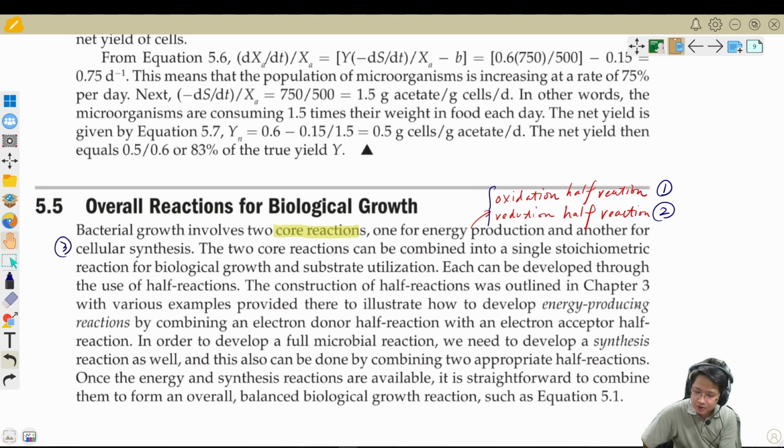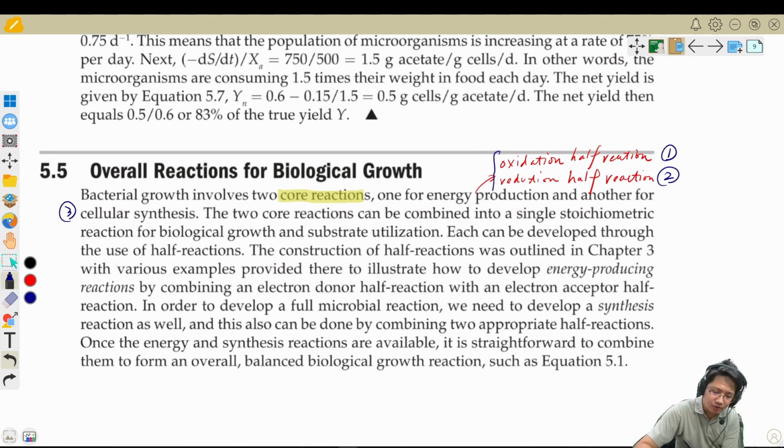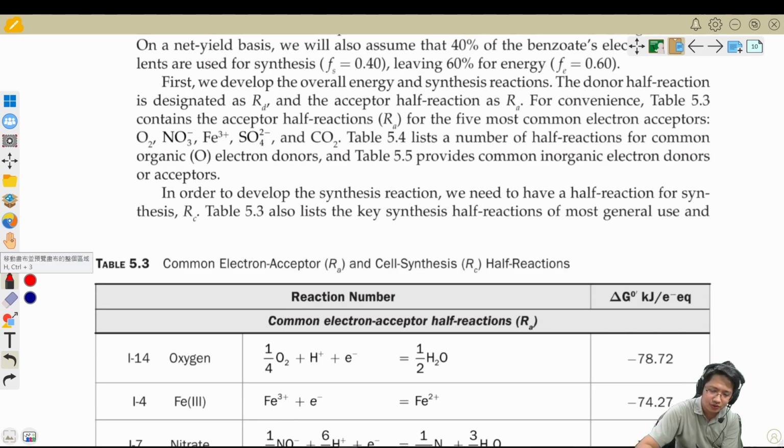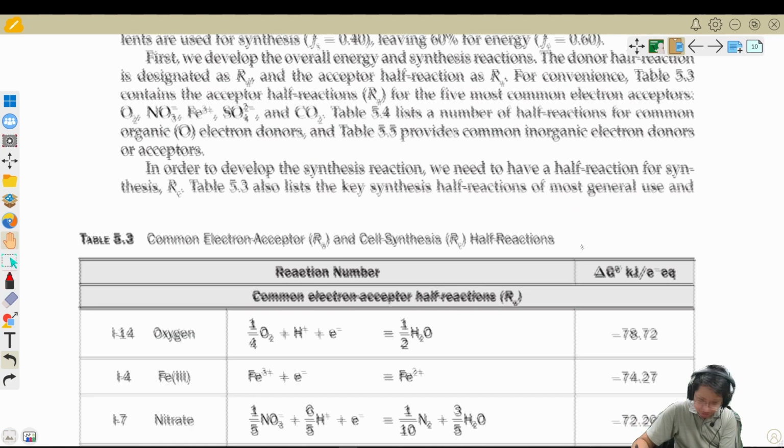So you will need to learn how to combine those three reactions into one stoichiometric reaction simultaneously for biological growth and also for substrate utilization. Okay, so we will move to the next page here, and you will see lots of half reactions.